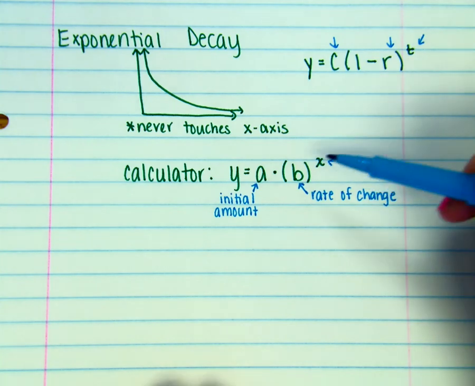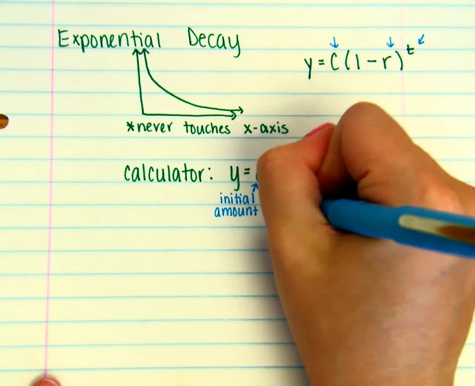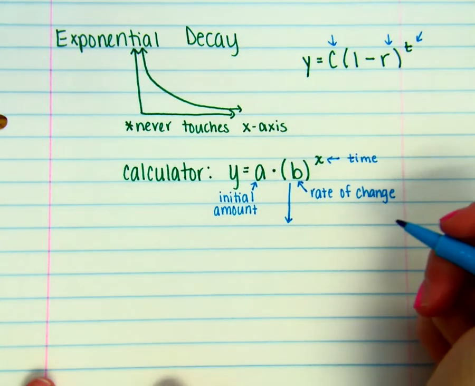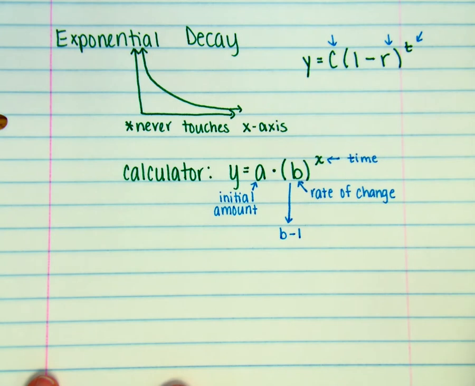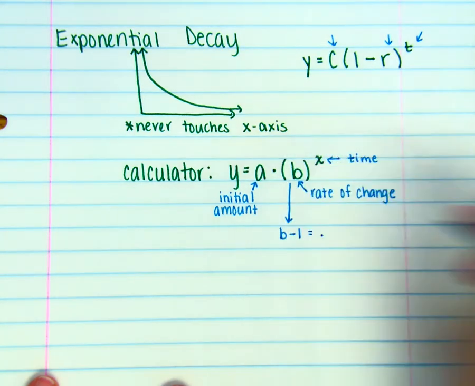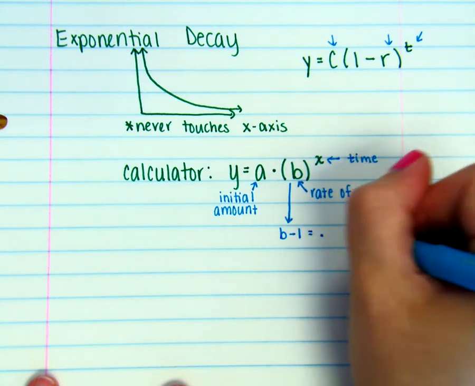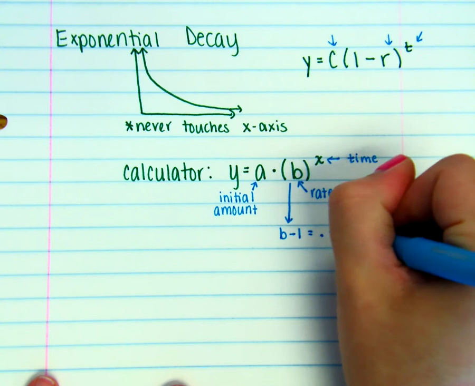If we are trying to decide if something is a growth or a decay, we're going to use this b value here, and we're going to do the b value minus 1. That's going to give us the decimal value, and we would then have to change it to the percent value.